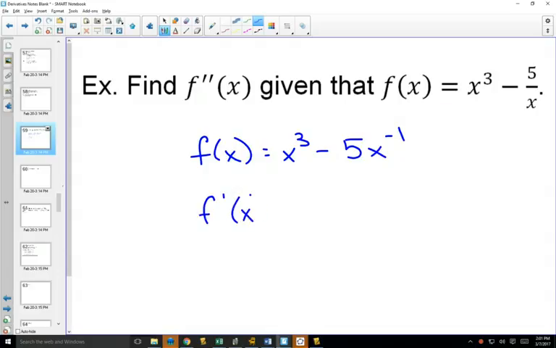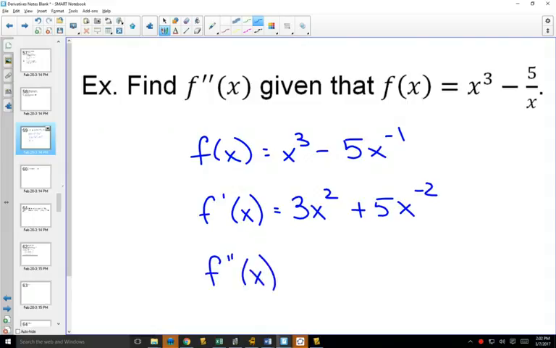Then my first derivative is going to be 3x squared, bring the negative 1 out in front, subtract 1 from the exponent. And your second derivative is just taking the derivative of your first derivative. So now the 2 comes out in front, and the negative 2 comes out in front, subtract 1 from the exponents, and we have our second derivative.